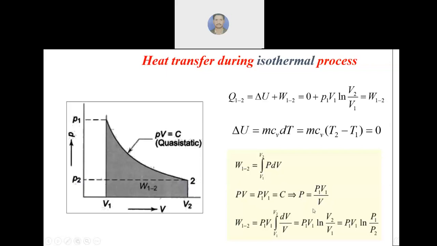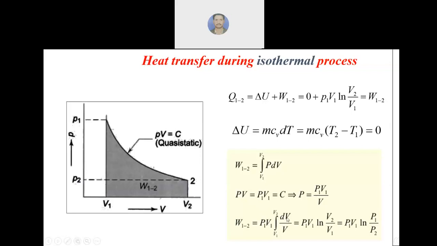Now, P1 V1 are the pressure and volume at state 1, which will be constant. So because this is constant, you can take it outside the integration.